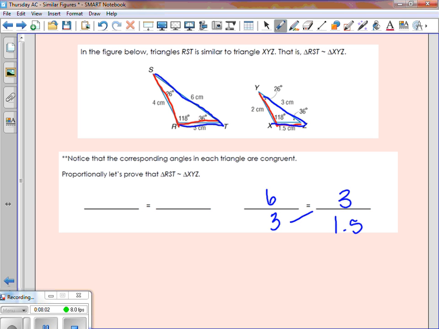So now we have 3 times 3 is 9, and 1.5 times 6 is 9.0. So now we have proven that all the sides on these two triangles are proportional, so these two triangles are similar. Okay.